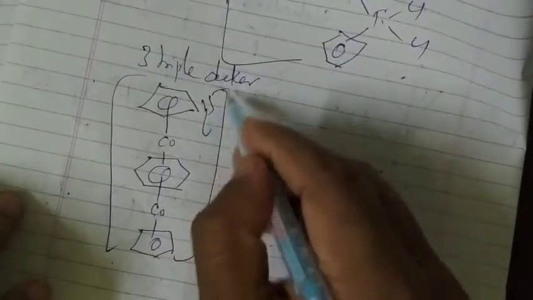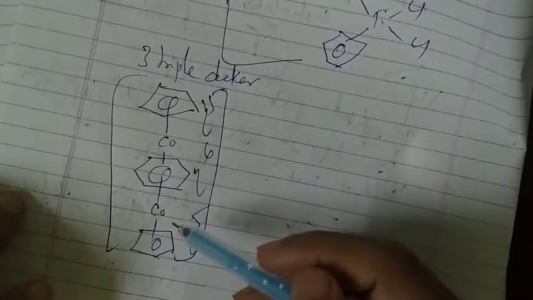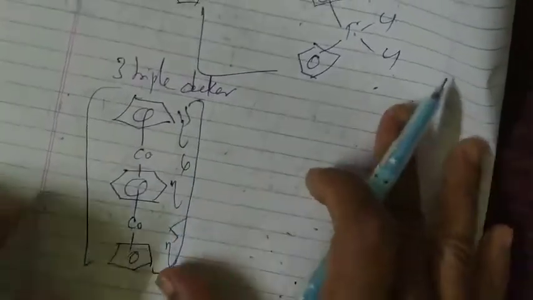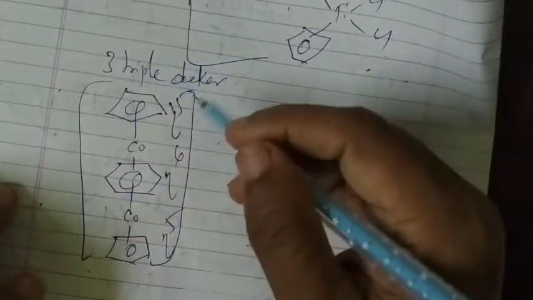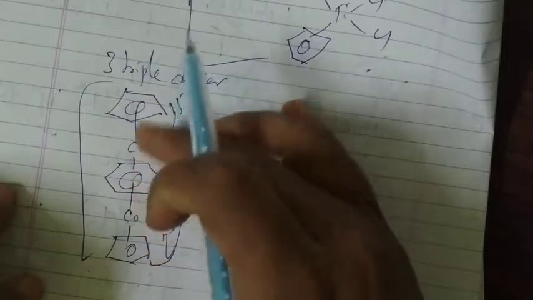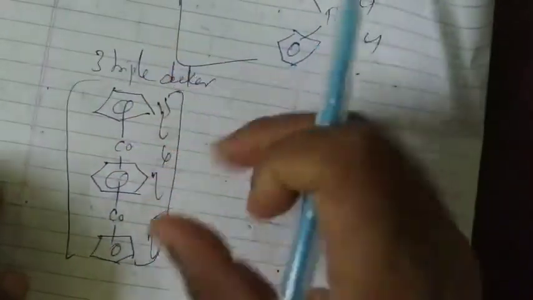So this is eta 5, this is eta 6, and this is eta 5 again. So like this, okay, with cobalt here. So this type of triple deckers are also possible. Like in nickelocene we have seen, when there are more electrons than the 18 electron system, the sharing will take place, and the electrons will be shared with both the atoms, and this type of triple decker complexes can be seen here.